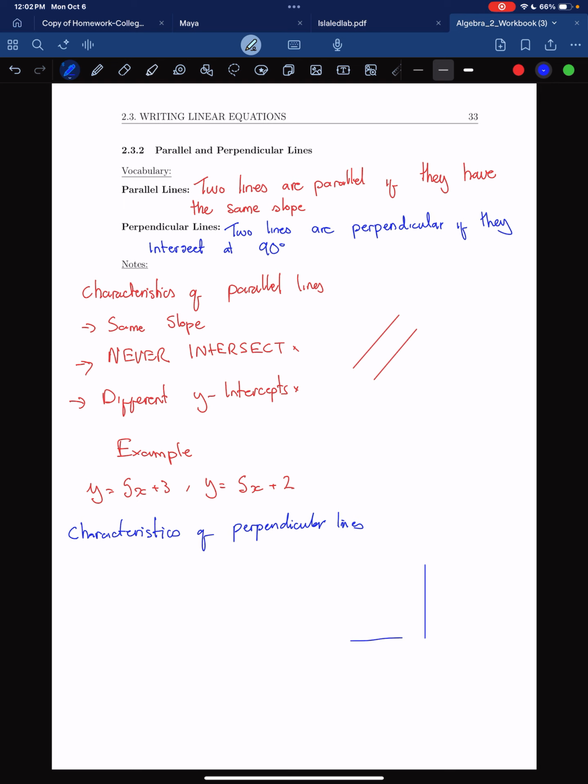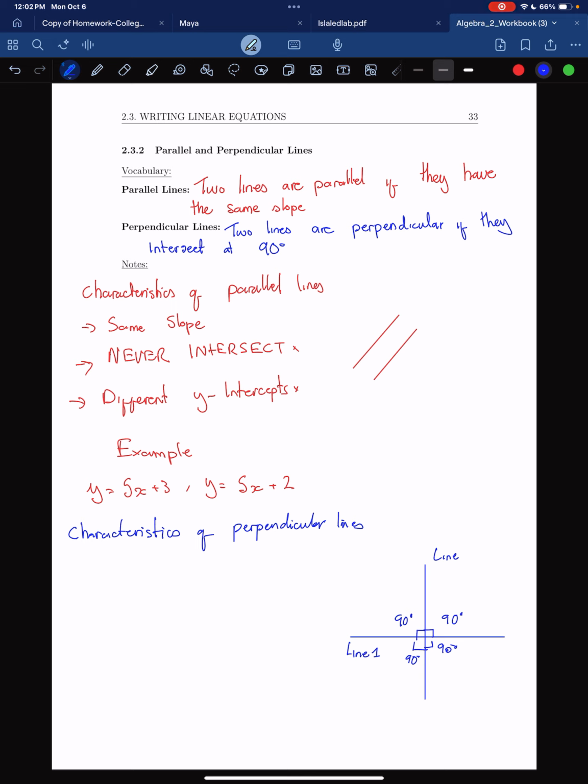Why is GoodNotes failing me? All right. Anyway, this looks approximately perpendicular. So this is my line 1. And this is my line 2. When they intersect, they form a 90-degree angle. See, you got 90 there, you got 90 there as well. It's just all 90 degrees. So this is what we mean by perpendicular lines.